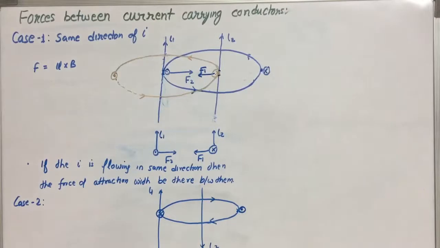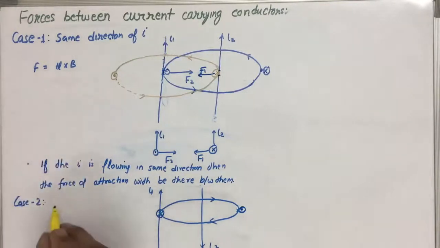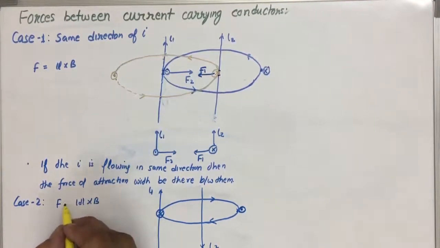Okay, and as the field is in the downward direction and the current is I, the force will be in the direction of IDL cross B.